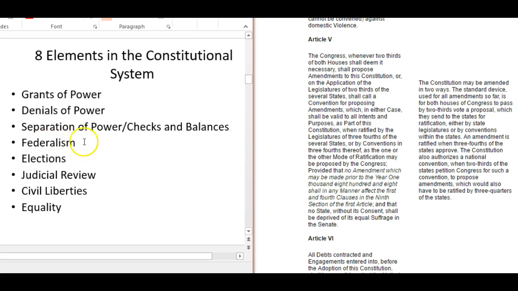It also sets up a vertical separation of power, or a vertical distribution of power, I should say, between the states and the federal government. Provides for elections. Judicial review is a part of the constitutional system, I'll come back to. Civil liberties and equality. All right, so what I want to do now is go through each one of those in turn and see examples of them in the Constitution. We're going to go back and forth a little bit.